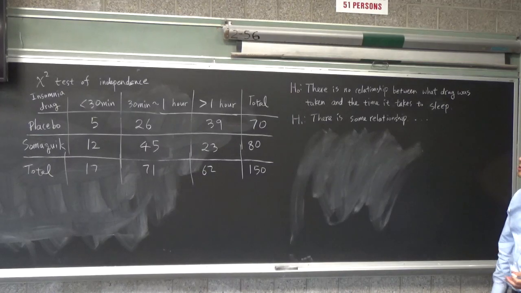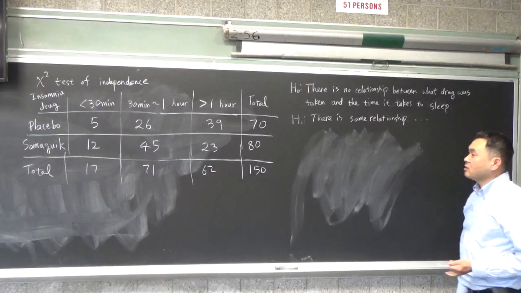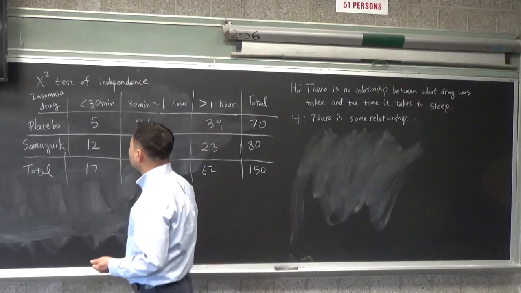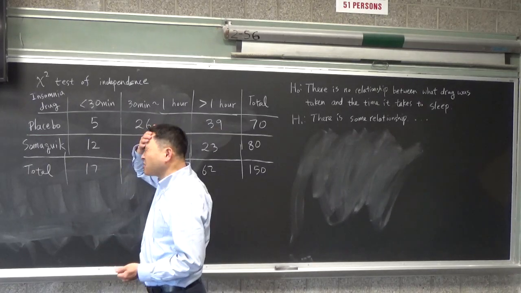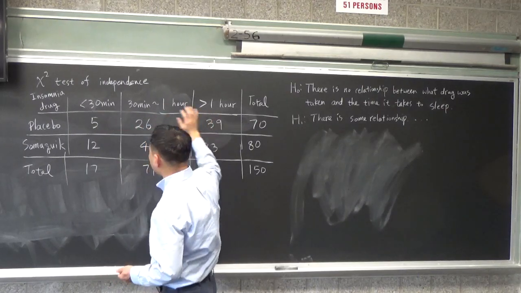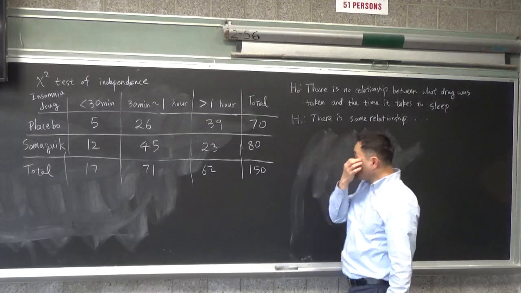So that gives us this first question, which is what is the expected value? Well, in the chi-square test of goodness of fit, you're given a priori proportion for each. But here, none of that is given, so you have to make them up.